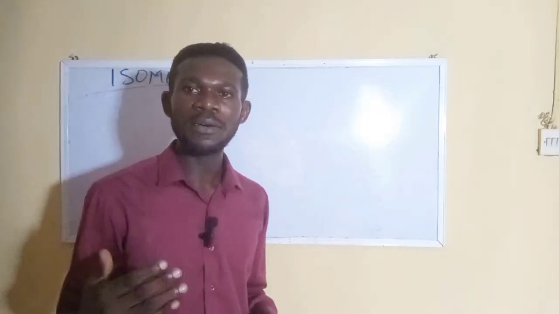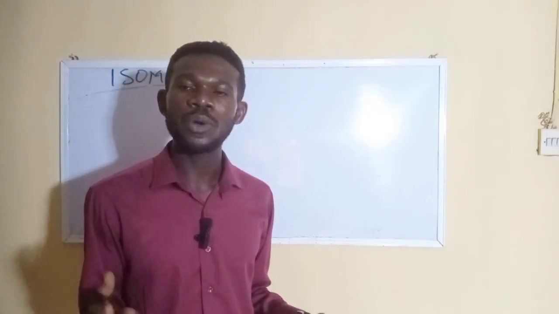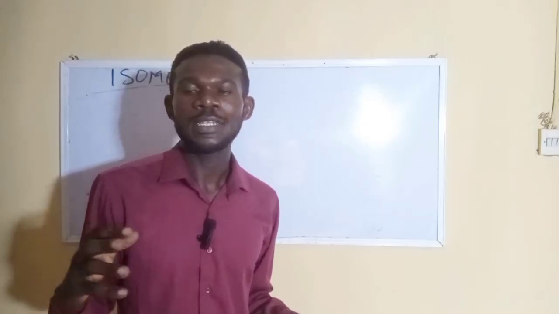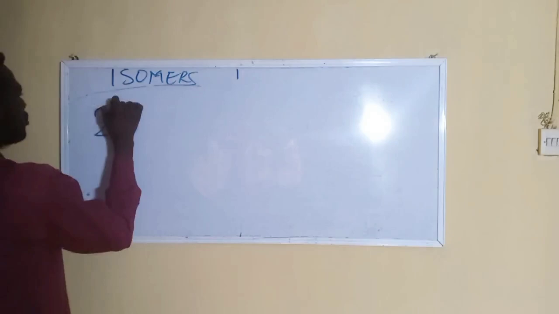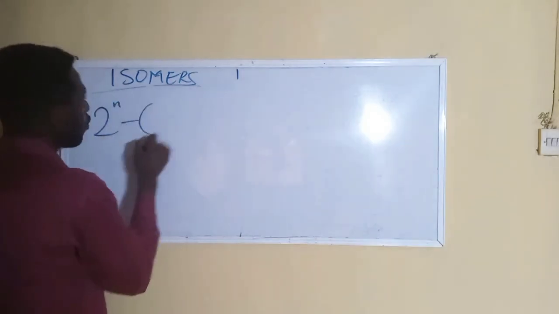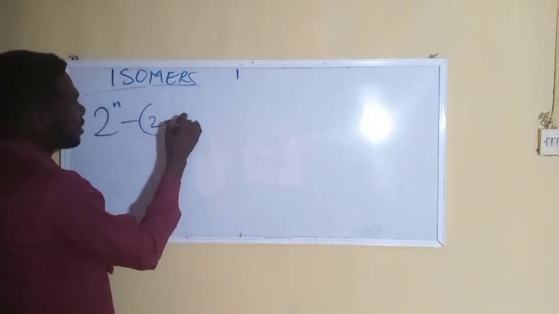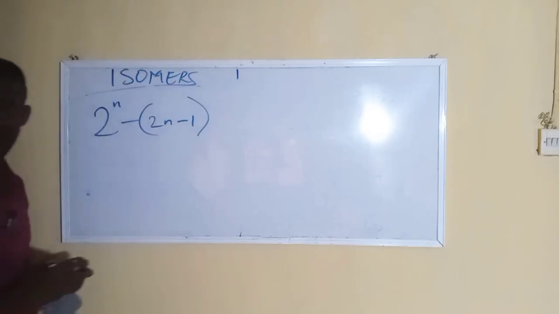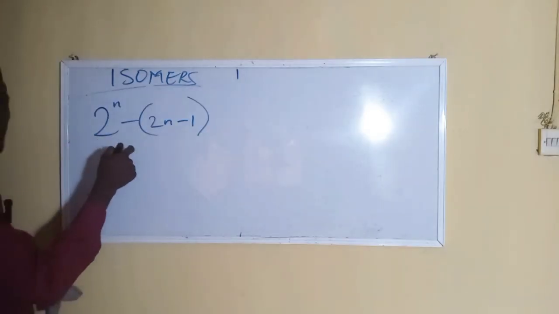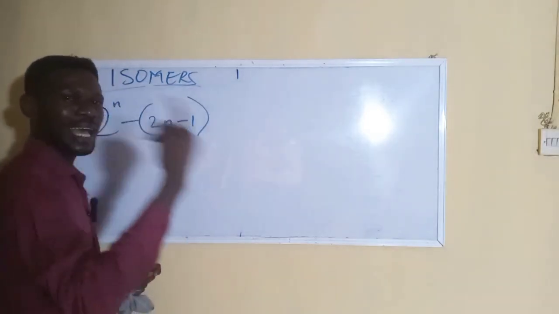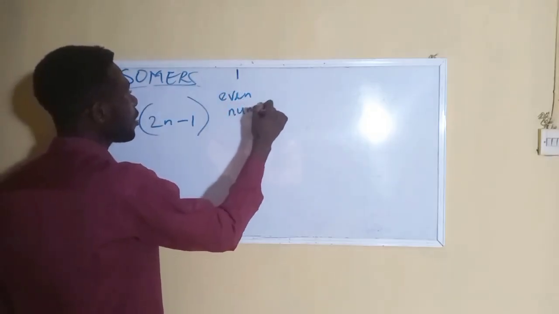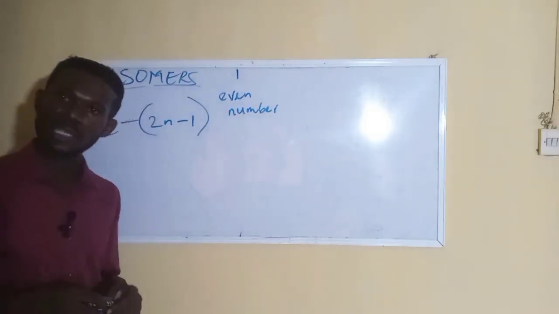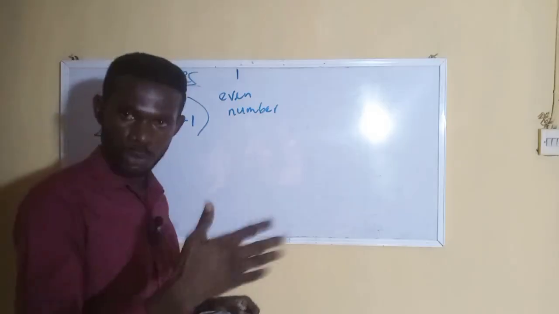So let's say we have the carbon atom to have an even number. So what's the formula you're working with? You're working with the formula 2 raised to power n minus open bracket 2n minus 1 close bracket. Now this is for alkynes with an even number of carbon atoms. So I'm talking about 4, 6, 8, and all the rest.